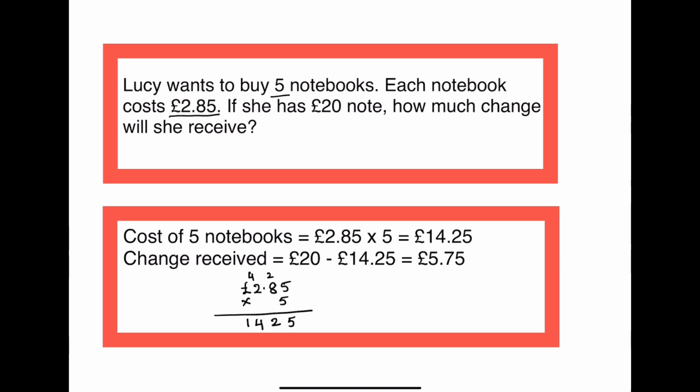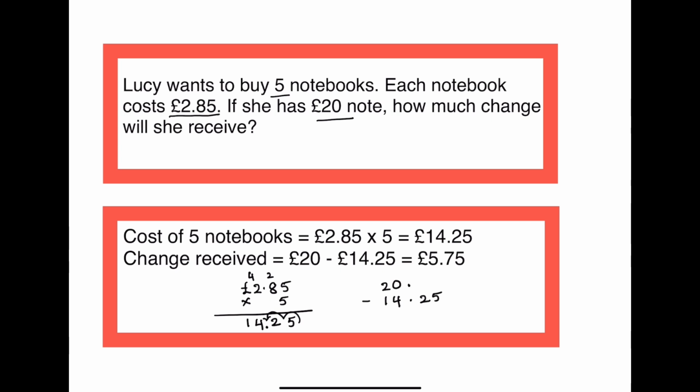We'll get 1425. Now place the decimal point. Count 2 digits from the right side and put the decimal. So the cost of 5 notebooks is £14.25. And we need to work out how much change from 20 pounds.